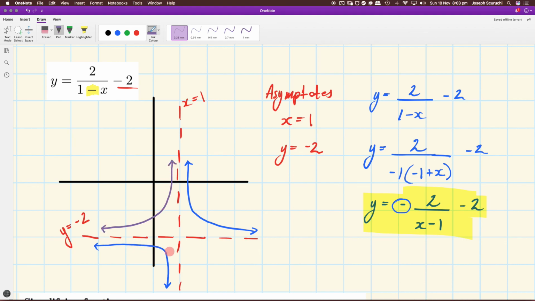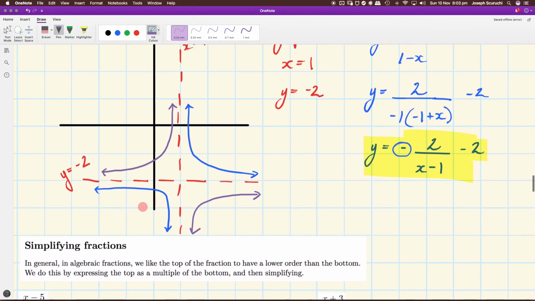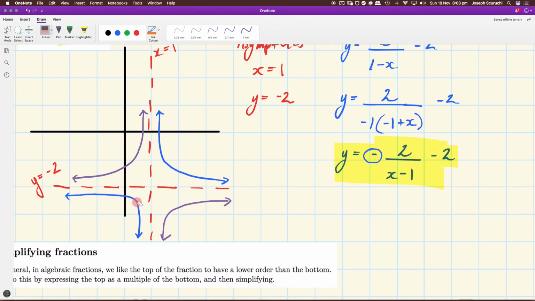And if I was to reflect this across my y-axis, I would be left with this. So as you can see, that's exactly what happened in our last one. Nothing changed.